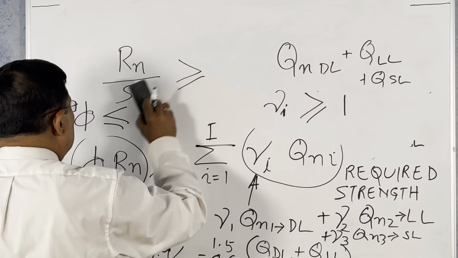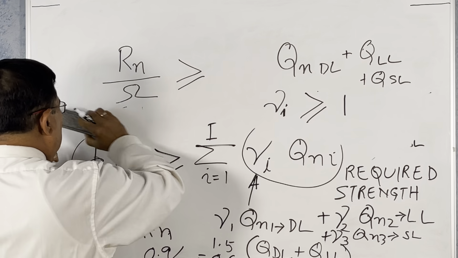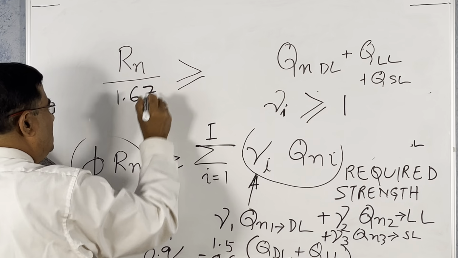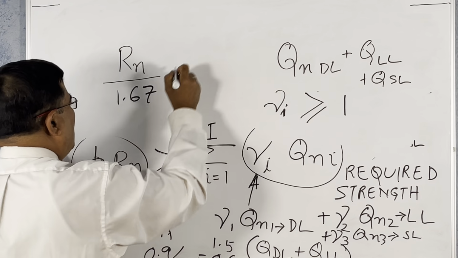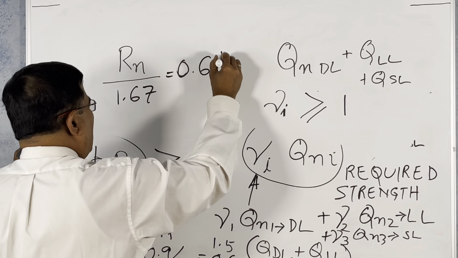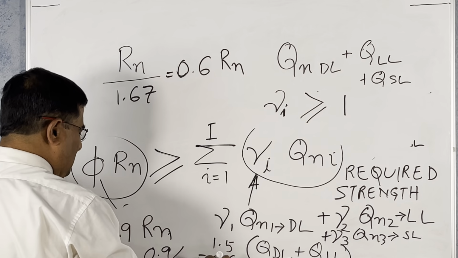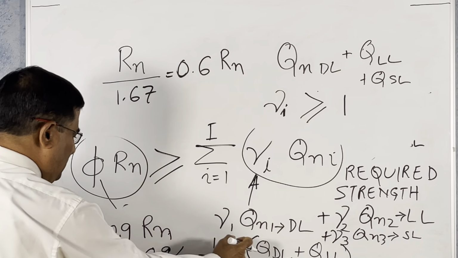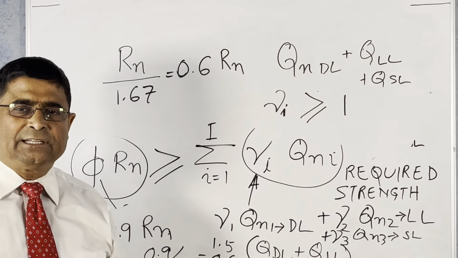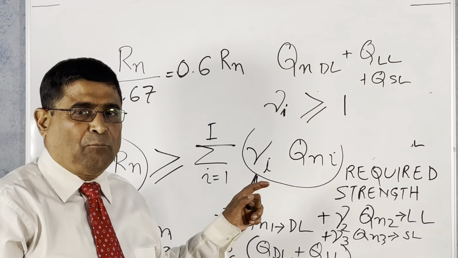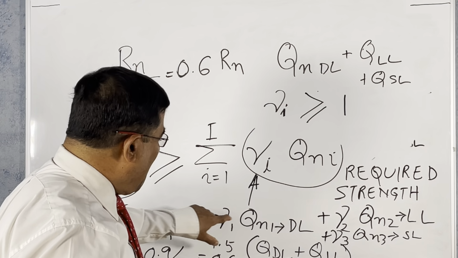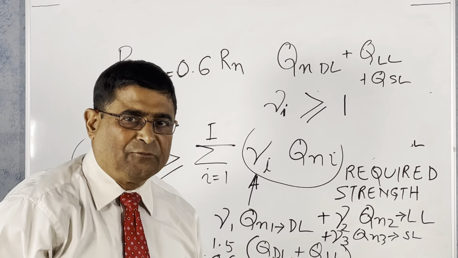Remember here, if you divide by omega equal to 1.67, this becomes 0.6 Rn. So if you bring these both to the other side, it becomes 0.6 Rn, almost the same working stress and design stress for this case. But it is not always true because our gamma value is not always 1.5.